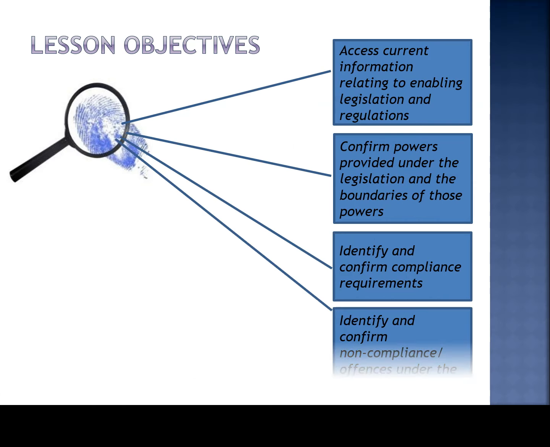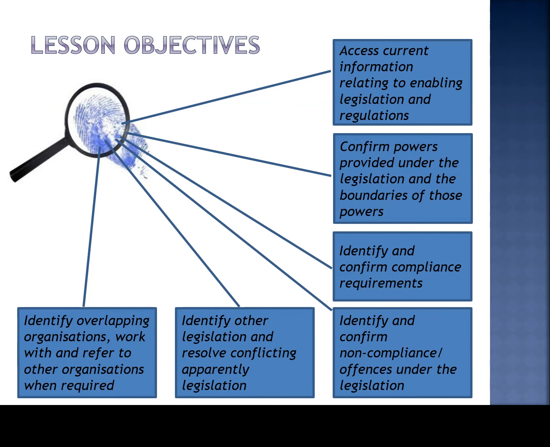So in this lesson we're going to look at accessing current information relating to enabling legislation, understanding powers provided under legislation, and how to establish or understand the boundaries of those powers, identify and confirm compliance requirements, look at non-compliance and how to identify non-compliance, and then also break down that non-compliance or offences under legislation, looking for conflicting legislation and how to deal with that, and then also looking at overlapping jurisdictions and how to work with other organisations when required.